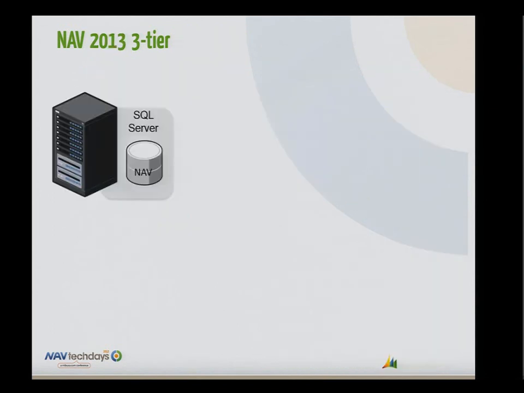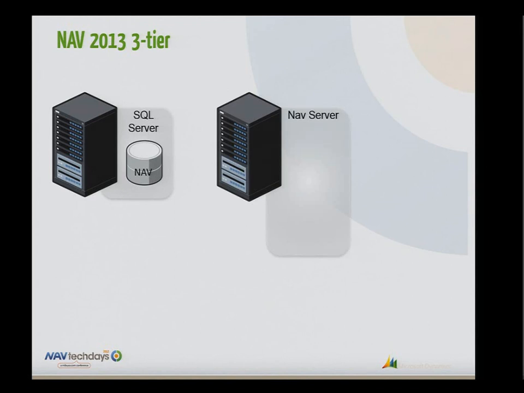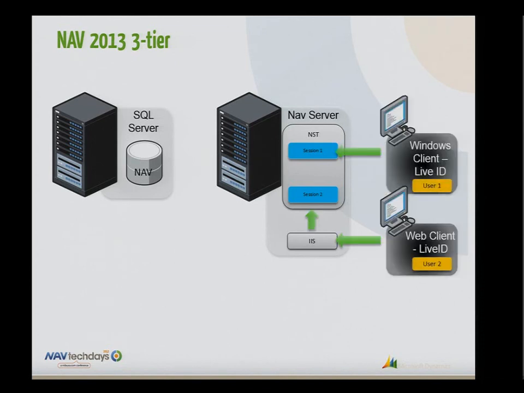So in 2013, we still have SQL Server, and we still have a NAV server. So far, so good. Then I put in an NST process on that NAV server and an IIS process that is hosted on the same machine. And then we have the 2 sessions again on the NST. But this time, we have different types of clients.